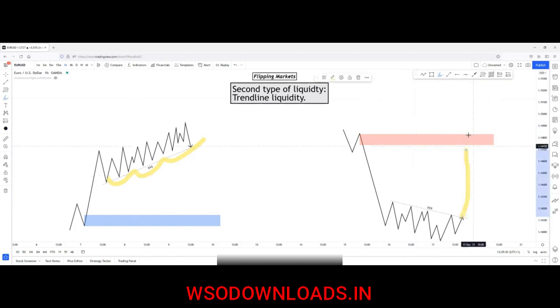We can predict that price will tap into this zone, sweep the liquidity, fill up the inefficiency, and collect the orders from the zone. So yeah, after the liquidity has been swept, you can wait for a tap of this zone, and you can enter a sell position after all of these stop losses have been swept. So yeah, let's hop into the next one.